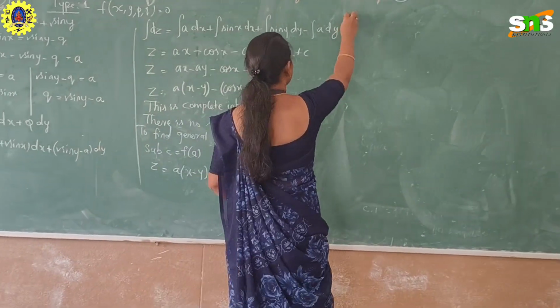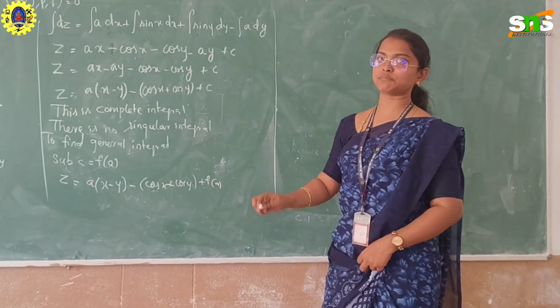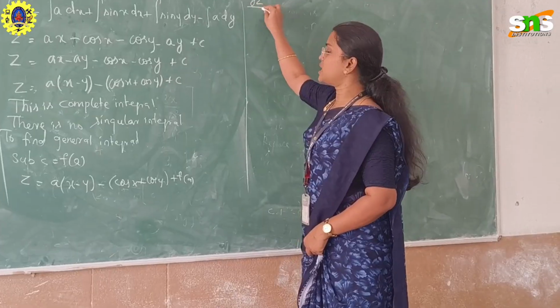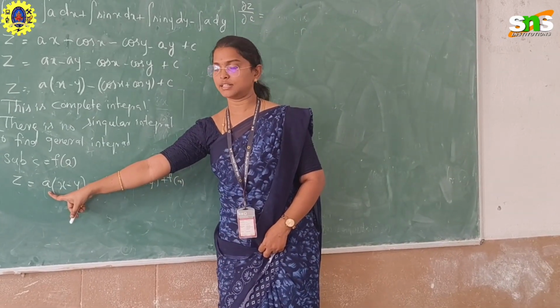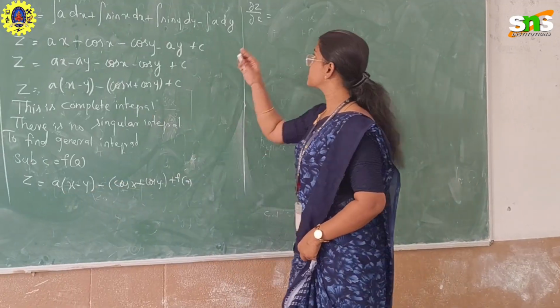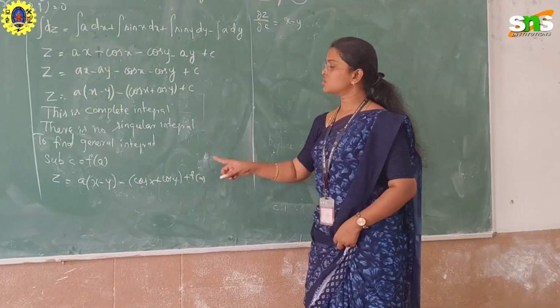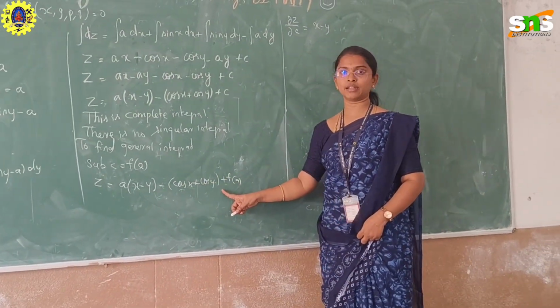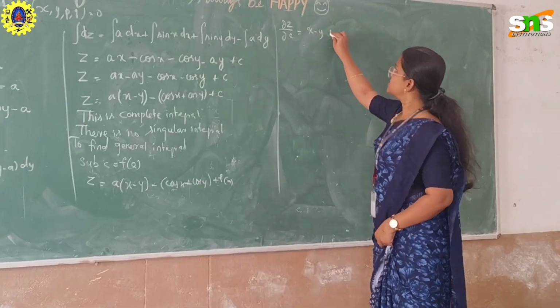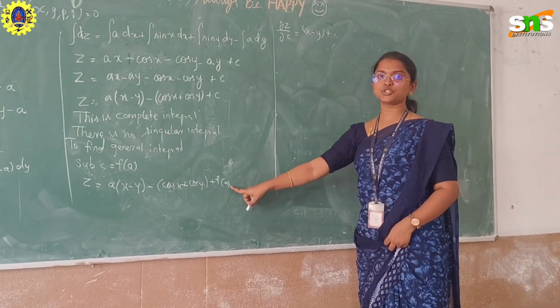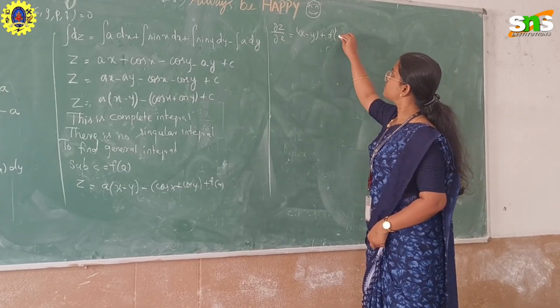Now we have to differentiate this z with respect to a. So we will get dou z by dou a, which is equal to, a with respect to a differentiation is 1. We have x minus y as a constant. The cos x and cos y terms do not have a, so those terms will vanish. Plus f of a, the differentiation of f of a will be f dash of a.